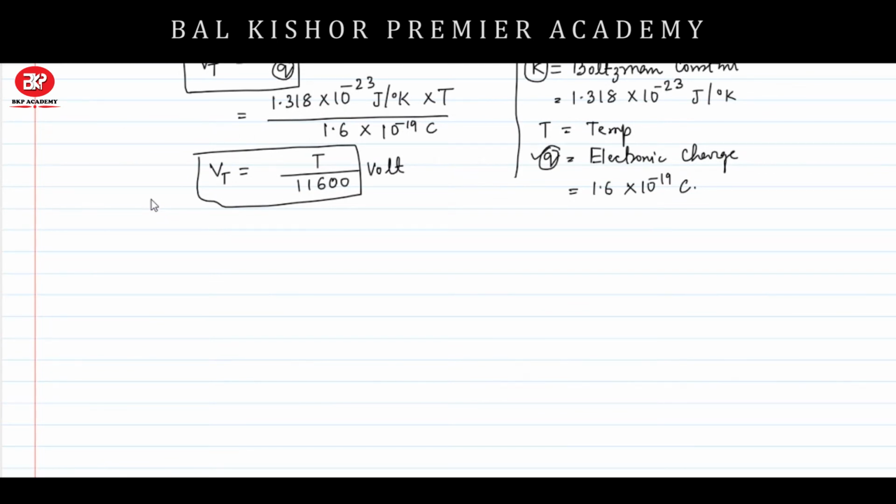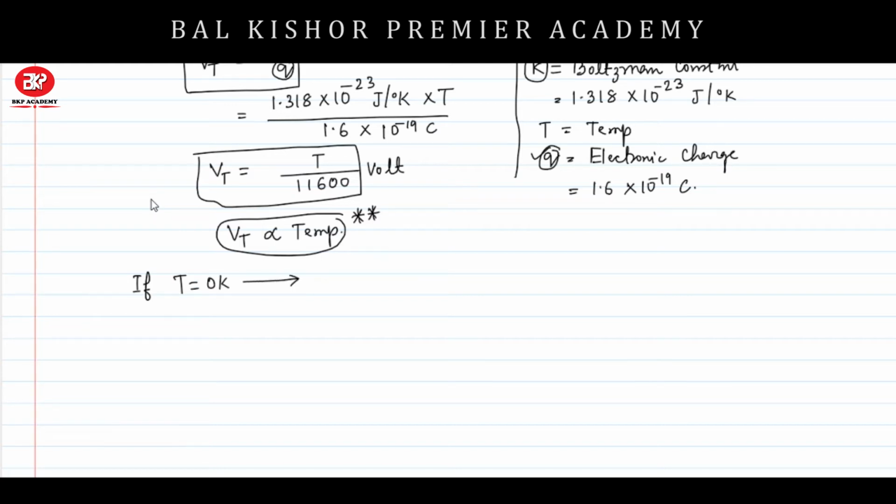So we can see here that the thermal voltage Vt is proportional to the temperature, which is very important with respect to the GATE examination: the thermal voltage, or the volt equivalent of temperature, is proportional to the temperature. Now, suppose the temperature is 0 Kelvin.